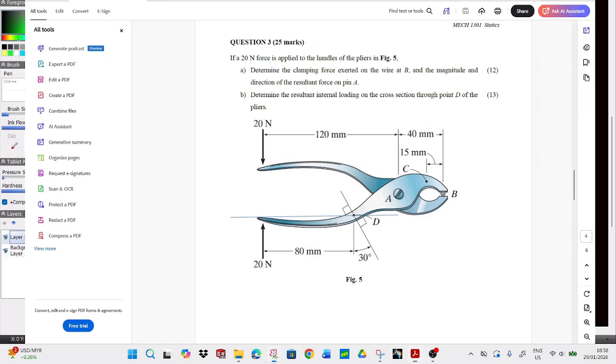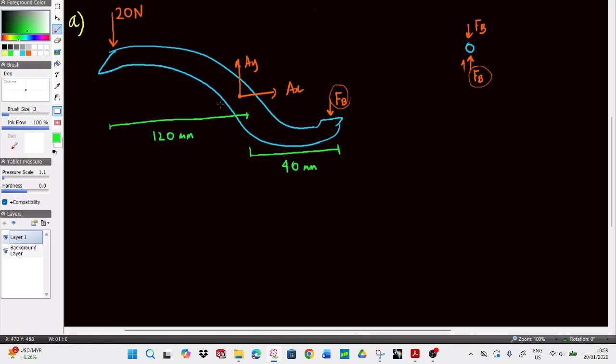So actually, I think it'll be a fairly easy problem. We're just supposed to find FB, and AX and AY. If you recall from your equations of equilibrium, the summation of Fx equals 0 in the positive direction, the summation of Fy also equals 0, and the summation of moments, taking counterclockwise as positive, also equals 0.